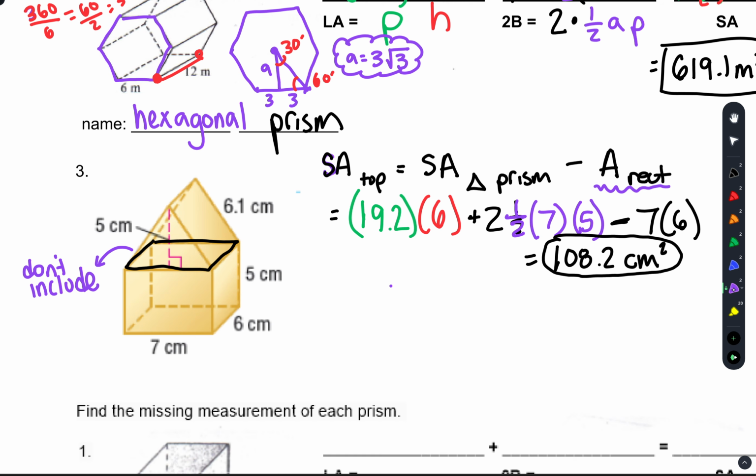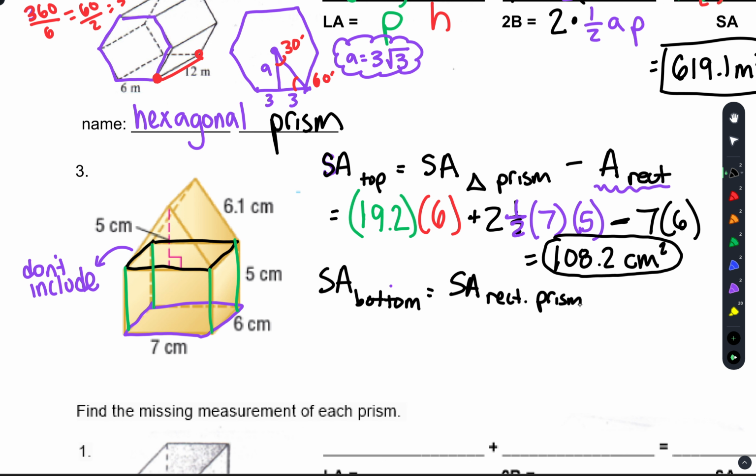I do have the base that's on the bottom, and I do have all of the lateral sides, but I do not want to include that base on the top. So for the surface area of the shape on the bottom, I have the surface area of that whole rectangular prism, but I'm only counting one of the bases.